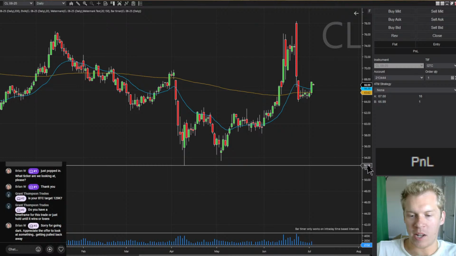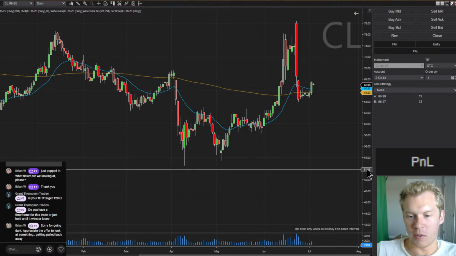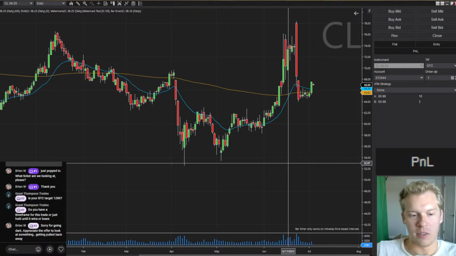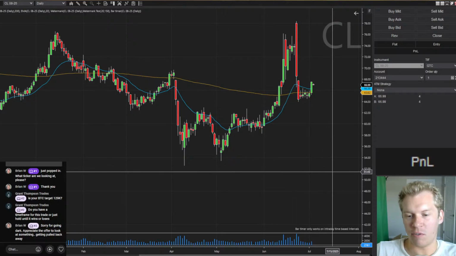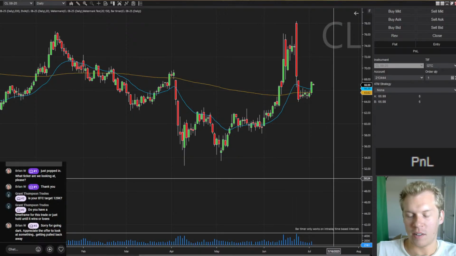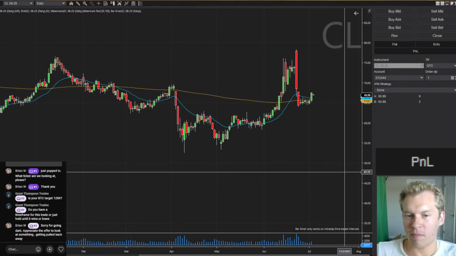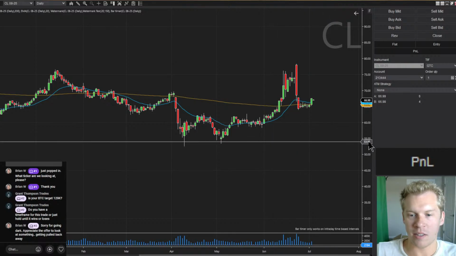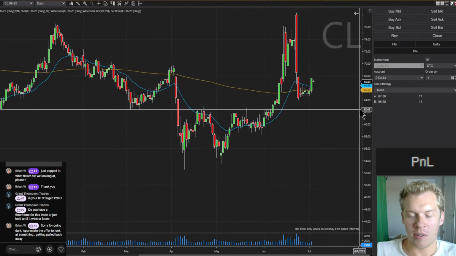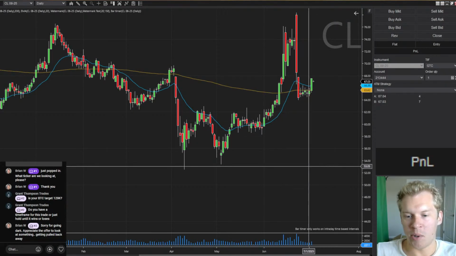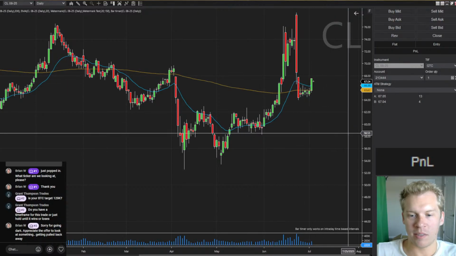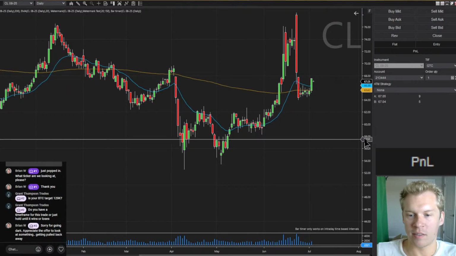So if oil goes down from 50 to 40, then that's a $1,000 move. Your total risk is not going to be that much, depending on your account size. And so there's opportunities for lots of small scalps if you're buying down here.